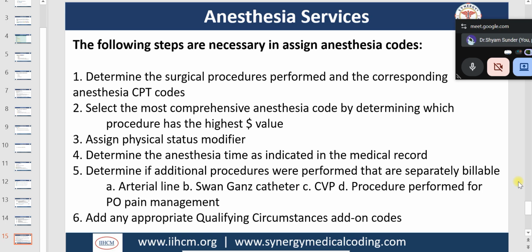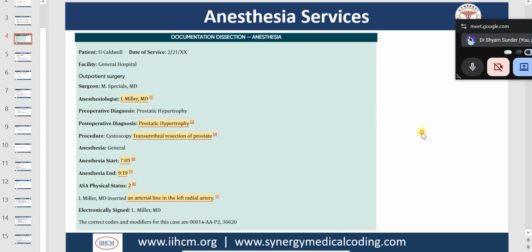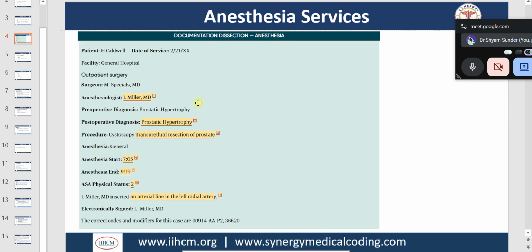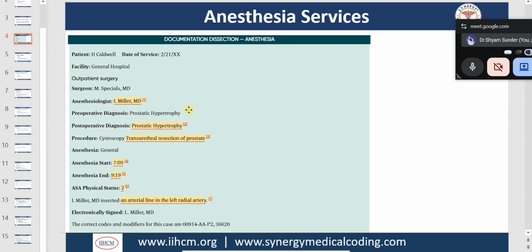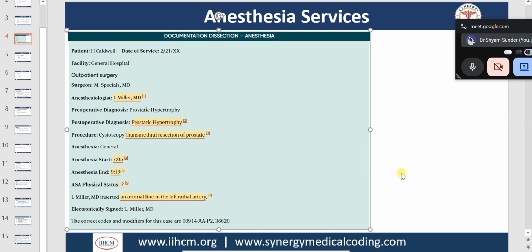Okay. Thank you. So here we have an example. Transurethral resection of prostate is done under anesthesia. Now you have to find the anesthesia code. Can you find the anesthesia code here?